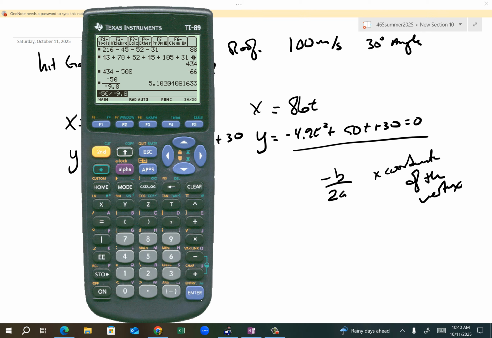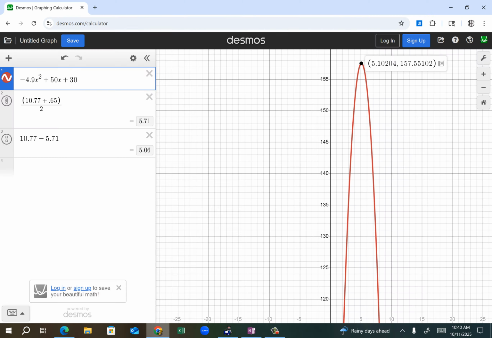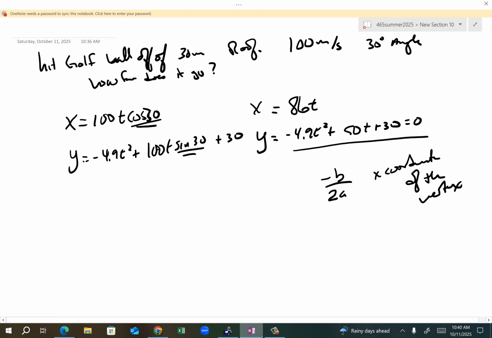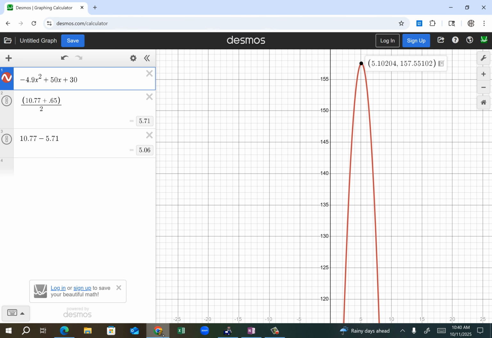Clearly from the graph, 5.1 is the max. If I want to know how high it went, I would plug that into this equation. If you put 5.1 into here, you get 177, or whatever I said. Is it 177? Oh, 157. My bad.